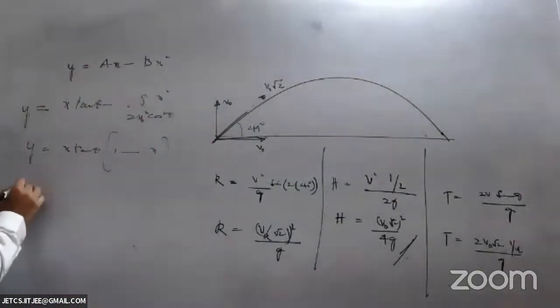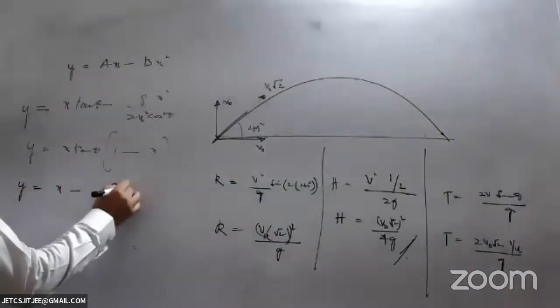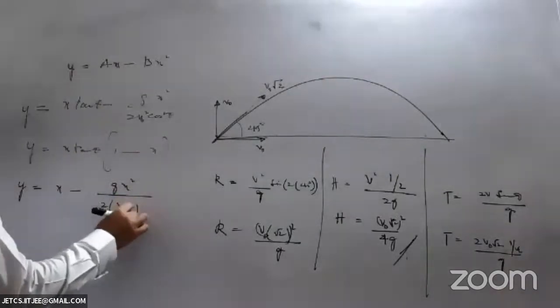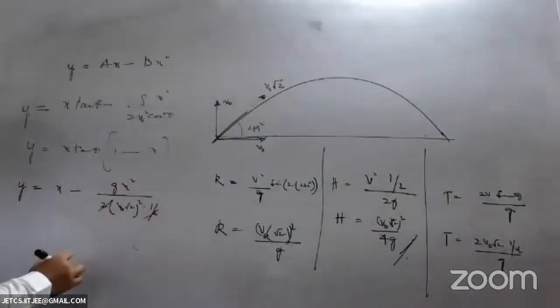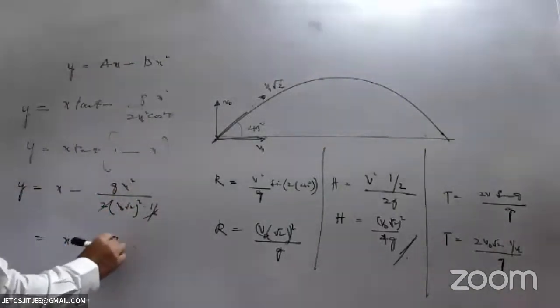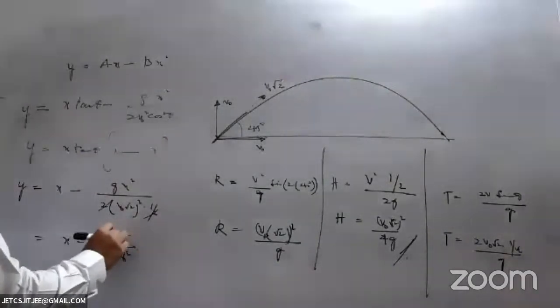And my equation of trajectory becomes x tan theta, which is x, minus gx square by 2 into v naught root 2 whole square cos square theta, which is 1 by 2. 2 gets cancelled out. I'll have x minus gx square by 2 v naught square.